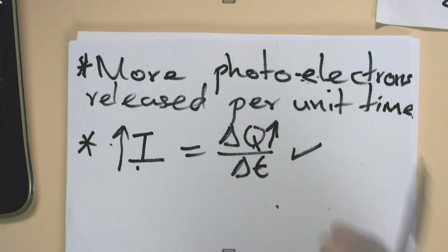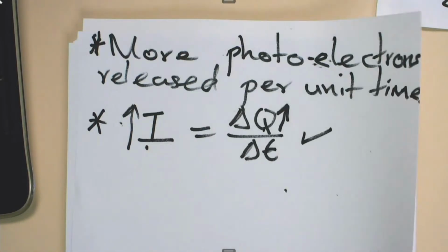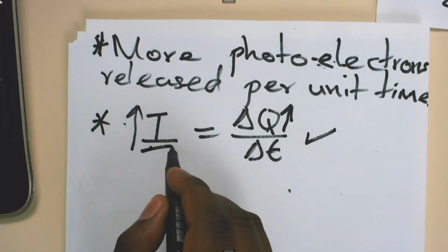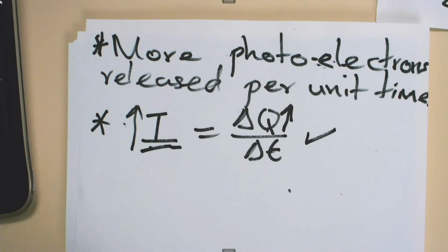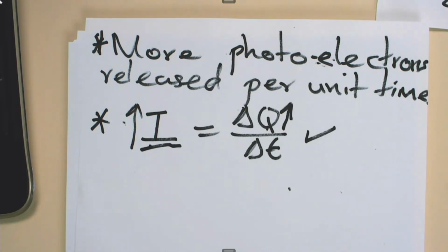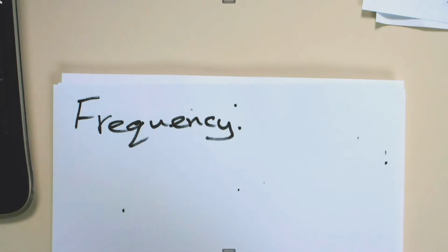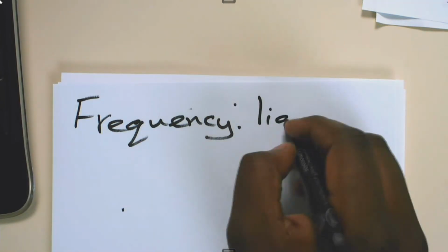We'll now move on to frequency of light and check how frequency of light affects the current that is being produced through the process known as the photoelectric effect. When we move to frequency, remember frequency is the property of light.